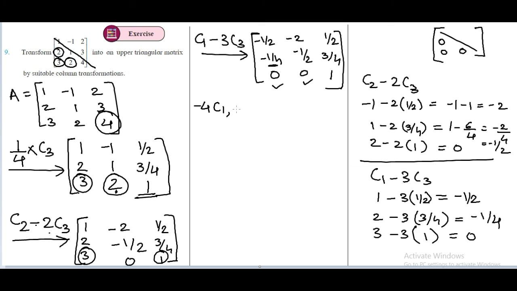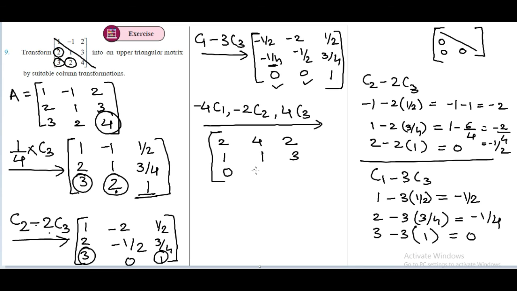And column 2 by minus 2, and column 3 by 4. This operation will give me a new matrix that will be 2, 4, 2, 1, 1, 3, 0, 0, 4.